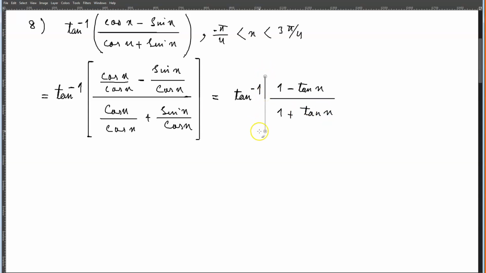Now, here what you need to do is write this as, so if I write this as tan of, basically you know that tan of pi by 4 is equal to 1, tan of 45 degrees.